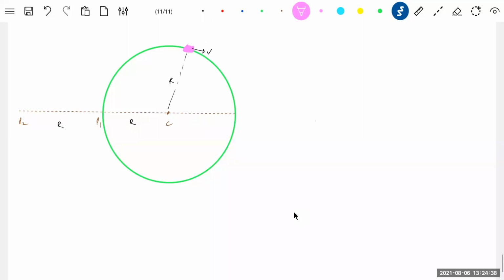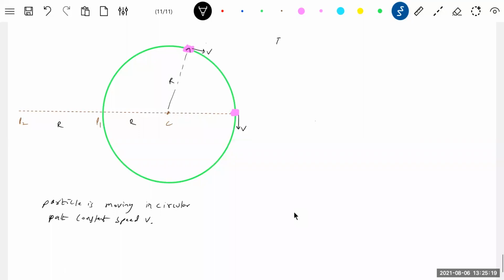When the same object comes here, I'll ask you what will be the angular velocity of the particle about C, about P1, about P2. I can define it about any point. The particle is moving in a circular path with constant speed v. There's a condition.